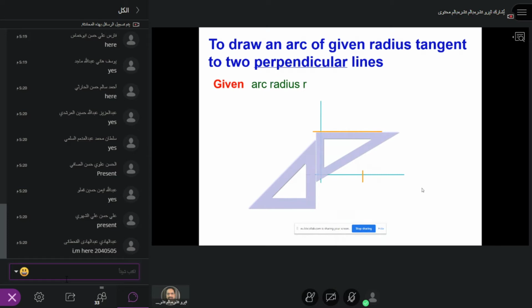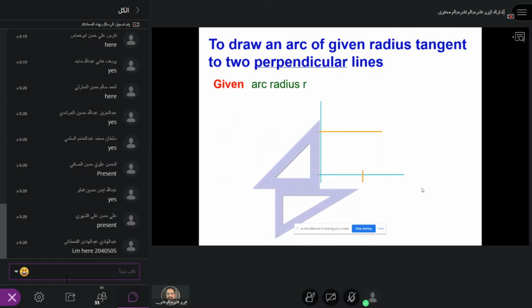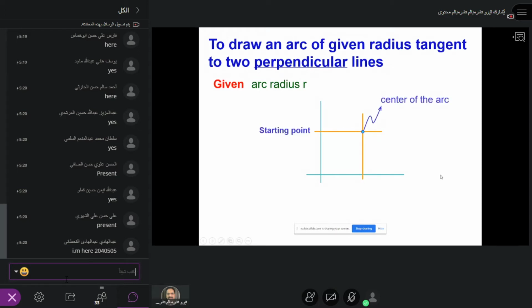Then using the 45-45 tri-square, moving in this direction, you draw the parallel again to the other line. The purpose is to make the square. Once you make the square, it's very easy for you. Take that as a center and, by using a compass, the first point is the starting point here, and then you make the arc from the starting point to the ending point. Clear?